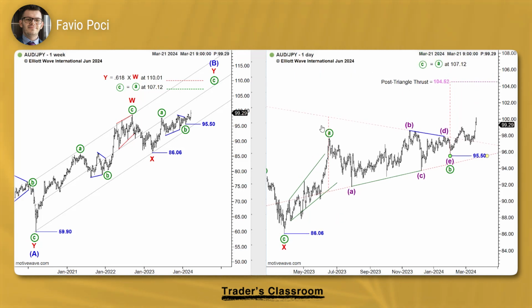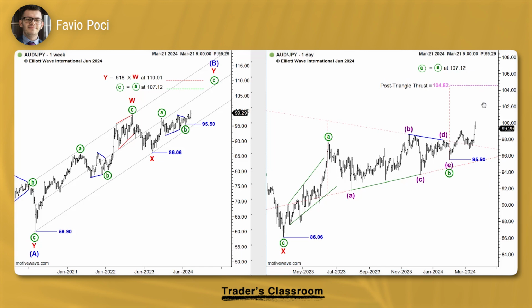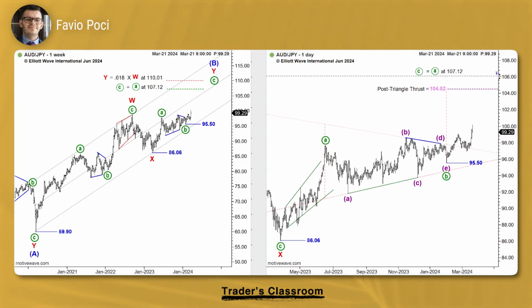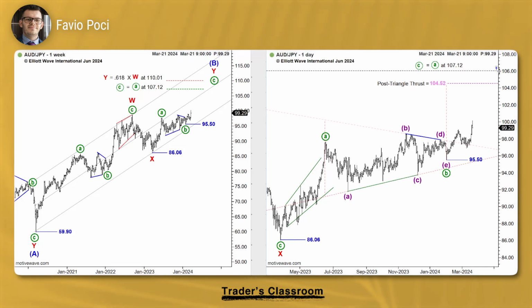So you extend, you get the widest part of the triangle, as you see from the dashed red line. You apply it to the extreme of wave E, and you will get an upside target, which is oftentimes the minimum target following a triangle. So the post-triangle thrust should aim for at least that zone.